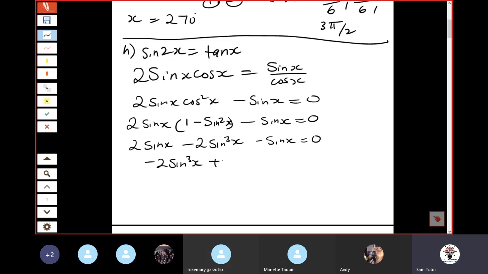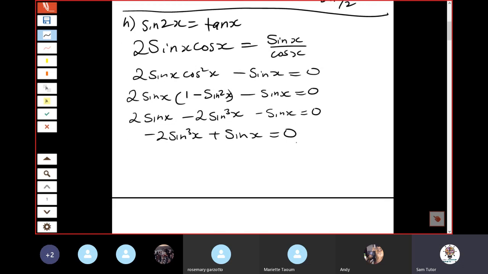Okay. Now this is definitely not a quadratic, right? What are you going to do if it's not a quadratic to solve for this? Cubed and sine x. What does your head tell you to do? Factorize. Yep, that would be correct.